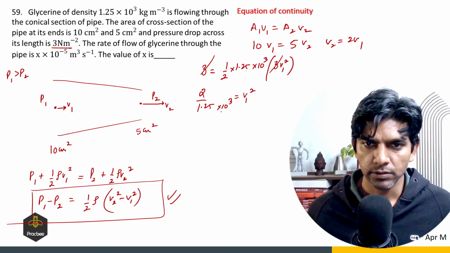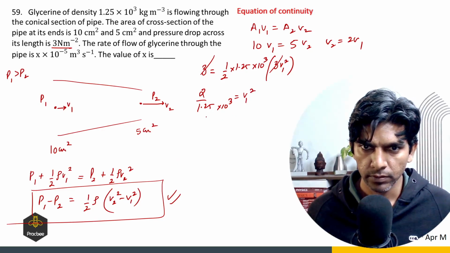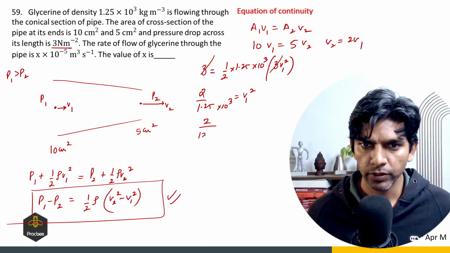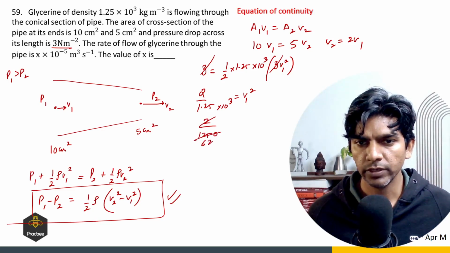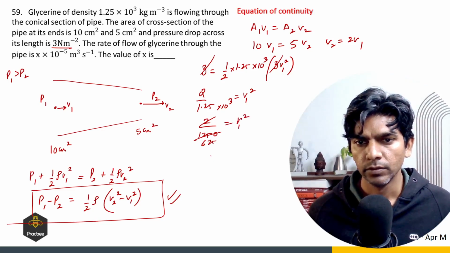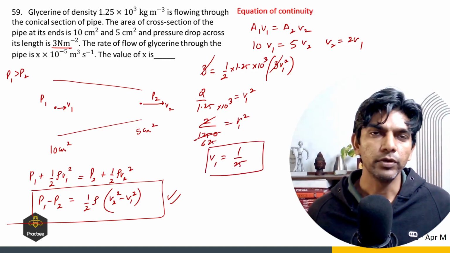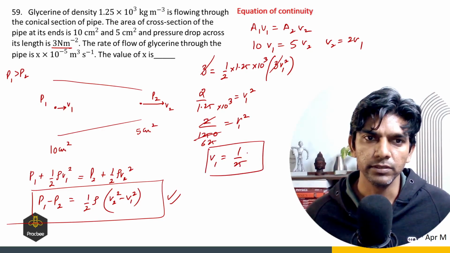From this, we are getting 2 divided by 1250, or this is nothing but 1 upon 625. So V1 will be 1 upon 25, right? So we got V1, which is 1 by 25 meters per second.